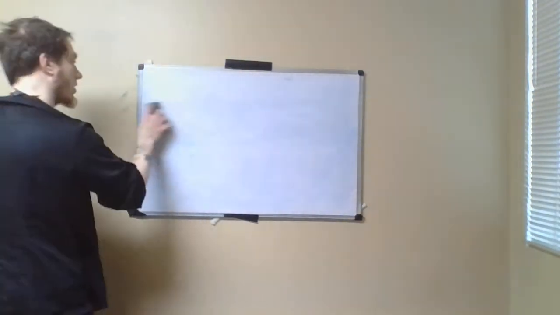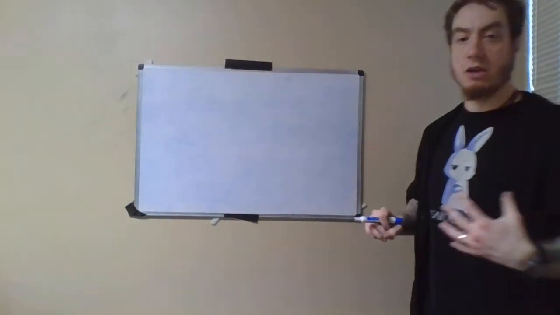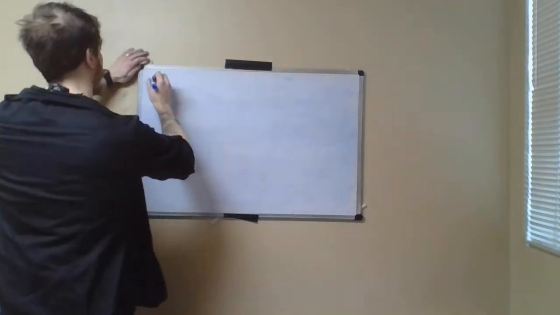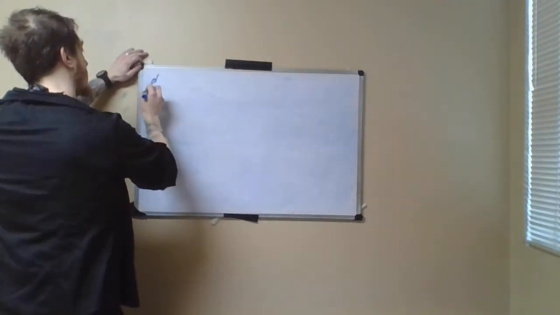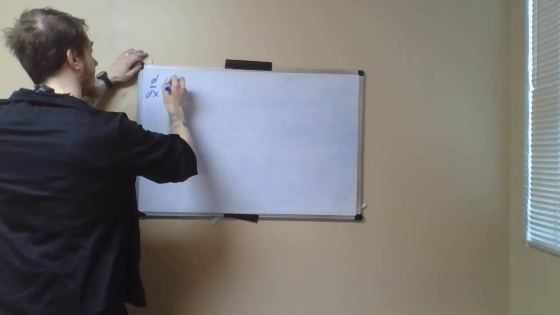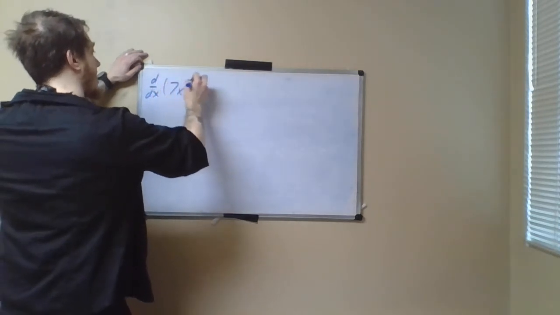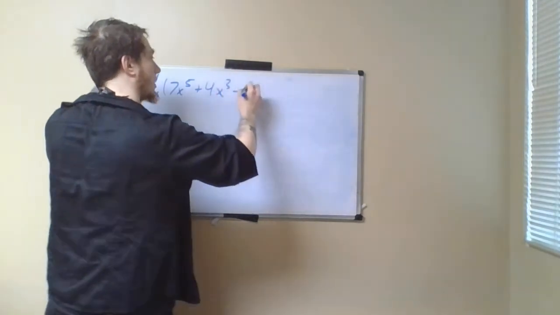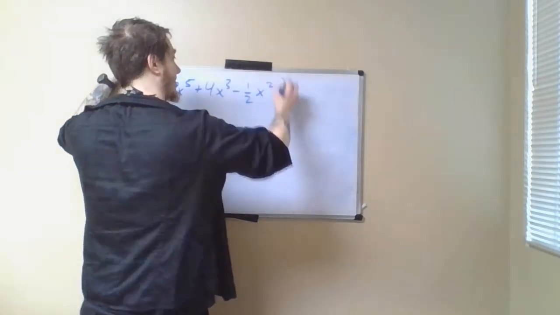All right, so let's write down some examples here. And I'm going to ask you to take just a minute and think about them yourselves, and then we'll go through them together and see what we get. So suppose that you want to do the derivatives of, let's say, 7x to the fifth plus 4x cubed minus 1/2 x squared.